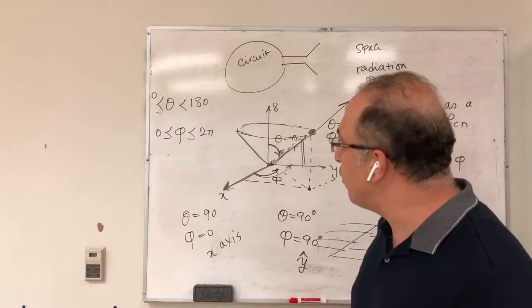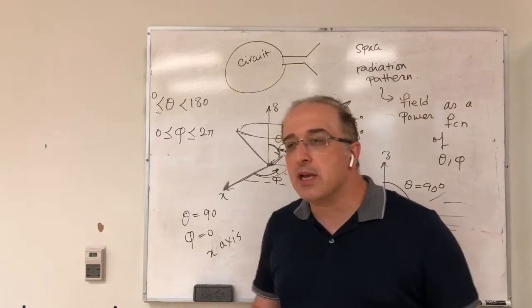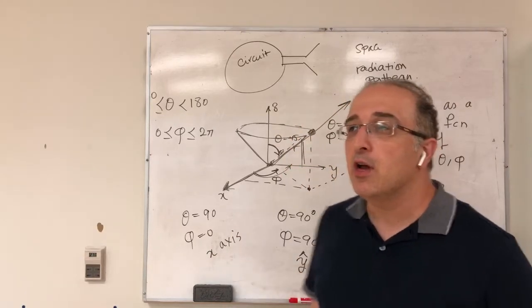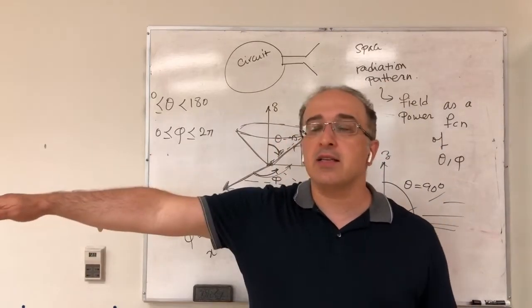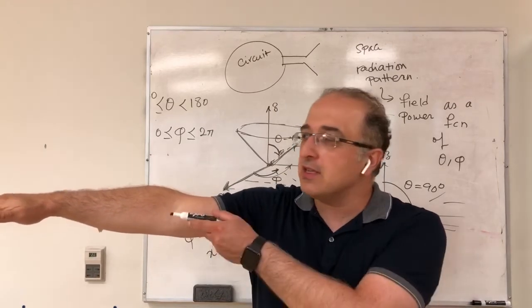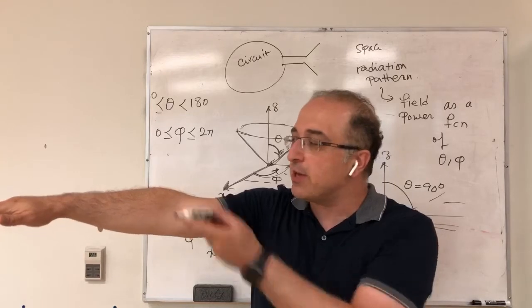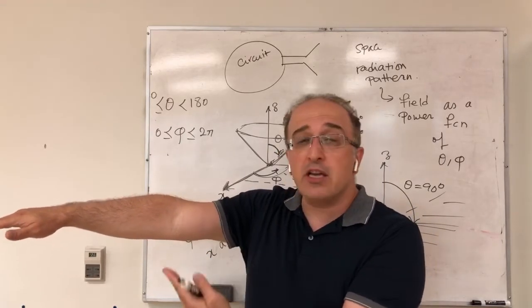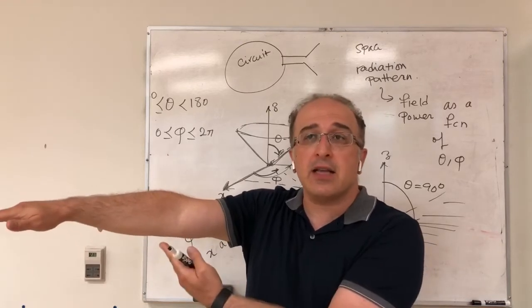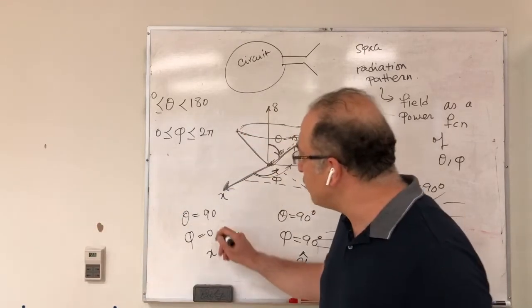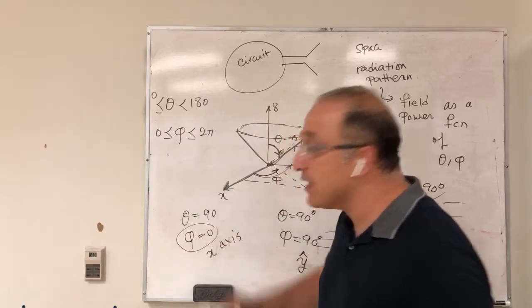At this point, someone might say, okay, Puyan, why do you say theta equals 90, phi equals 0? Because if I'm on the x-axis, phi is always 0, because everything is with respect to the x-axis. If my observation point is sitting on the x-axis, phi is already 0. So why don't you say phi equals 0 means x-axis?